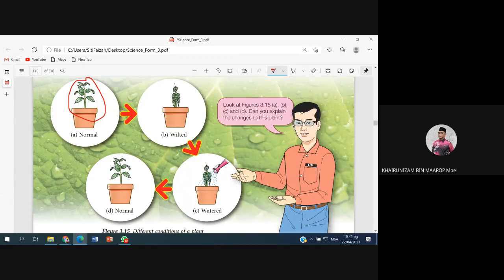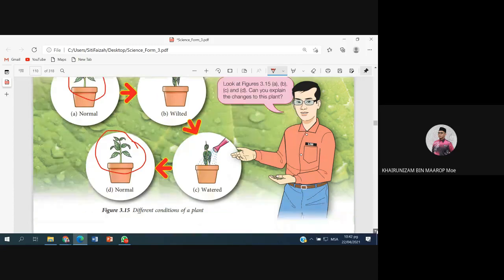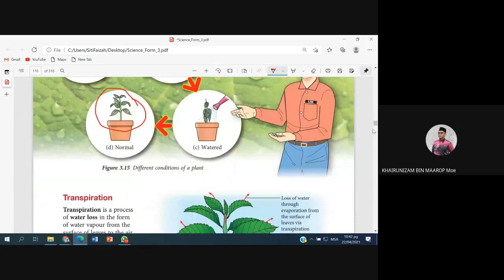If we water the plant, the plant returns back to normal. So it means the plant needs water to maintain the turgidity of its cells.